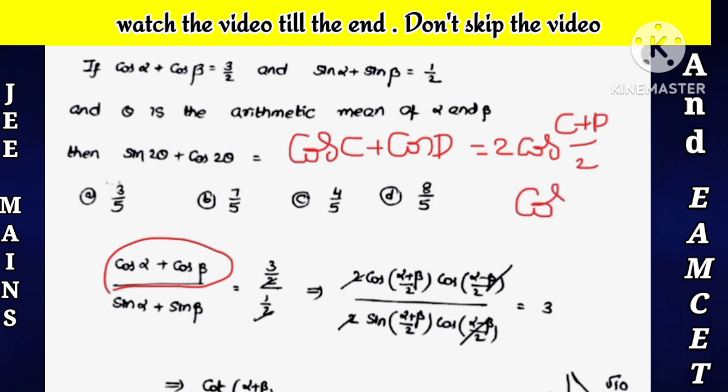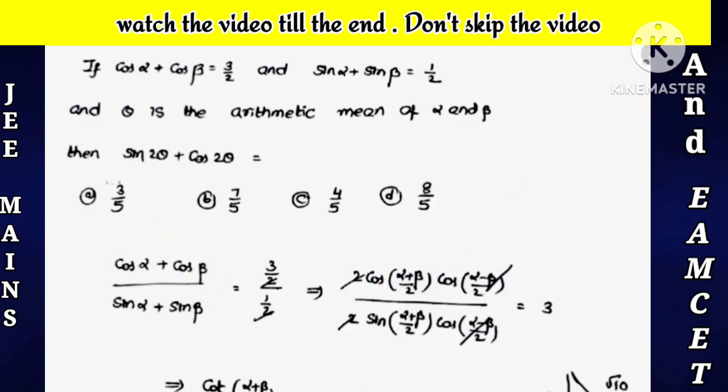So I am applying this formula. Here C, D are nothing but alpha, beta. That is 2 cos (alpha plus beta) by 2 into cos (alpha minus beta) by 2.